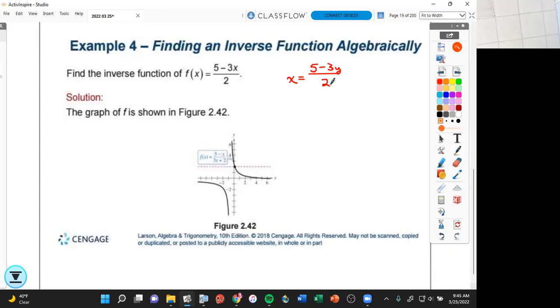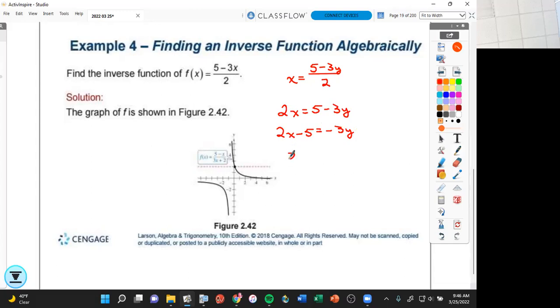Let's get y by itself. What would you like to do? Multiply both sides by 2. 2x equals 5 minus 3y. Next step. Subtract 5. 2x minus 5 equals negative 3y. Divide both sides by negative 3.